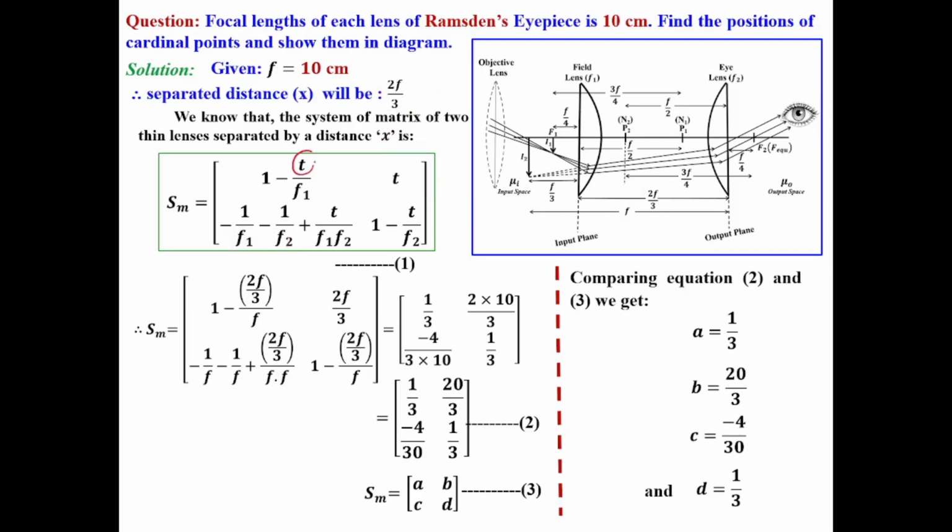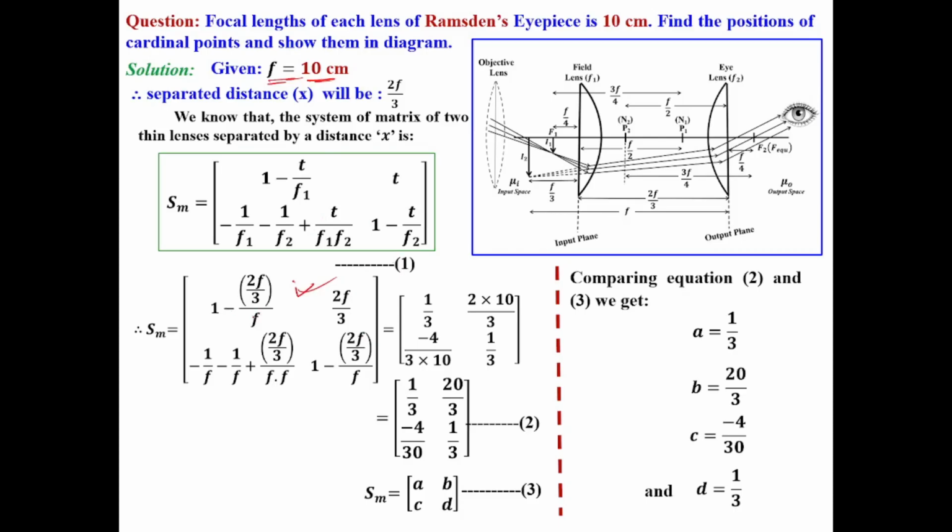So instead of t, 2f/3. Instead of f1 and f2, f. Here 2f/3 and f. As per the question, f is given as 10 centimeter. You just substitute this f value here.